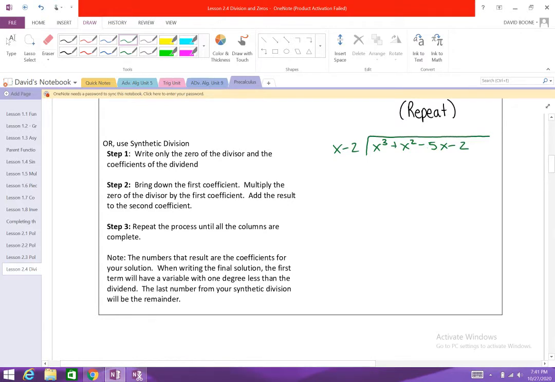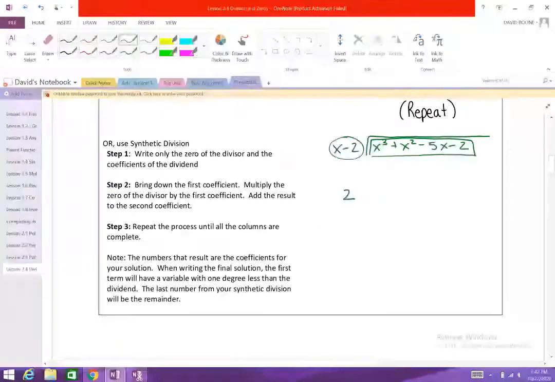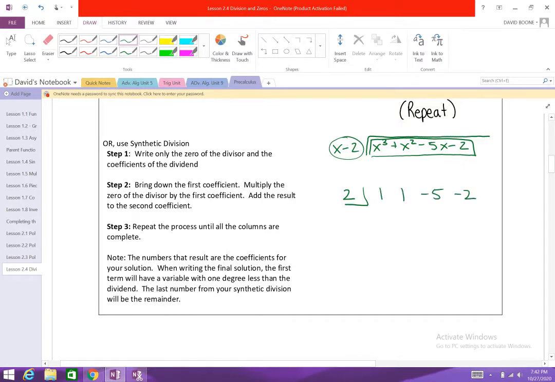Here's what we do: the first step is we write only the 0 of the divisor, what makes this 0, and that's 2. So we write down only the 0 of the divisor, and then the coefficients of the dividend. We write those down a special way. You box that in, and then the coefficients are 1, 1, negative 5, negative 2.